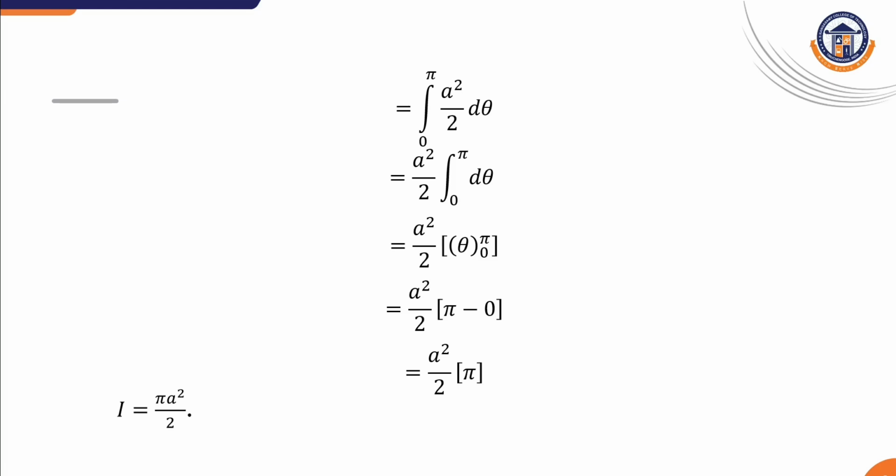Substituting the upper and lower limits, we get a²/2 into (pi minus 0). Simplifying, the final answer of this problem is pi a²/2.